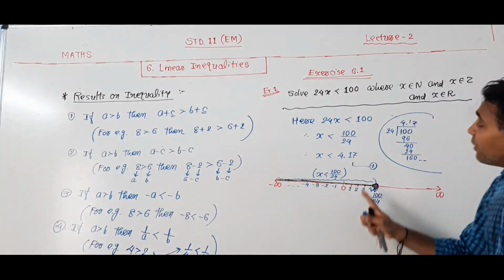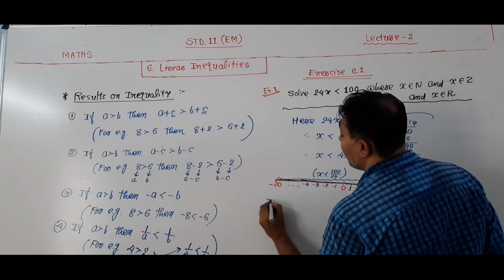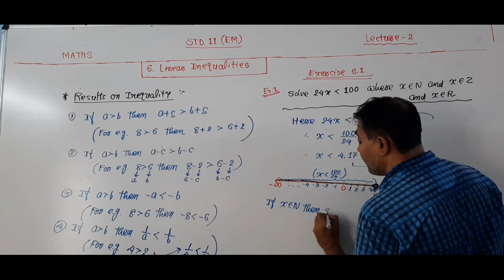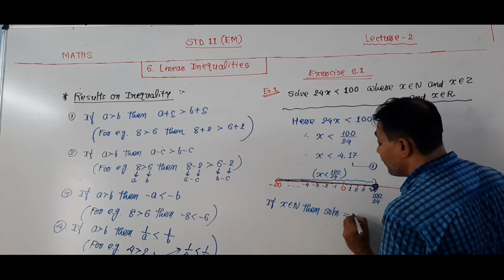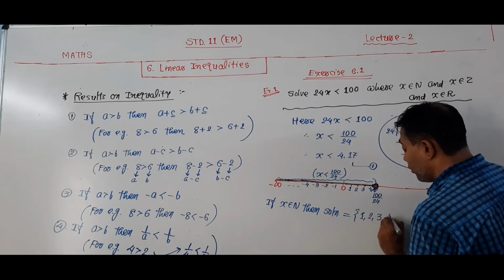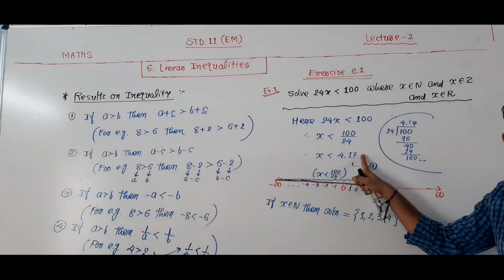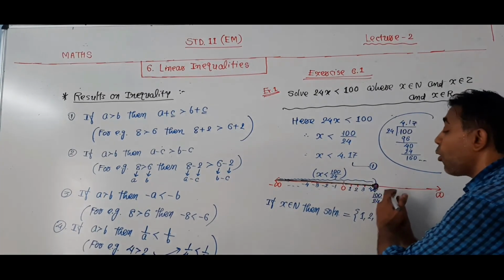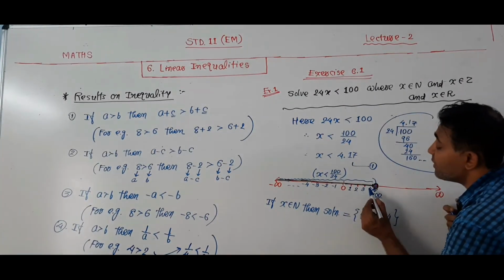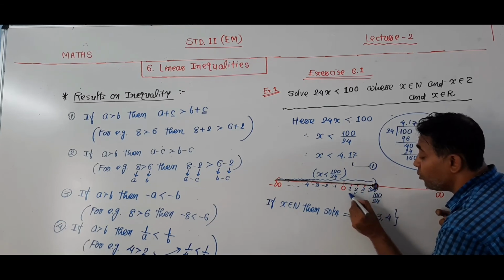Our solution is in N. So if x belongs to N, then the solution set is 1, 2, 3 and 4. See the meaning, x is less than 4.17, so all natural numbers less than 4.17 are our solution. Only natural numbers: 1, 2, 3, 4.